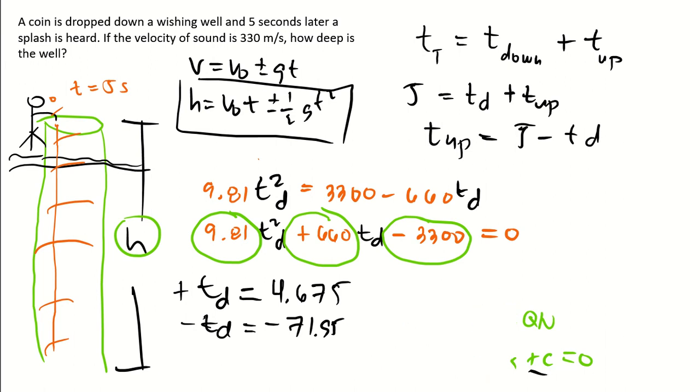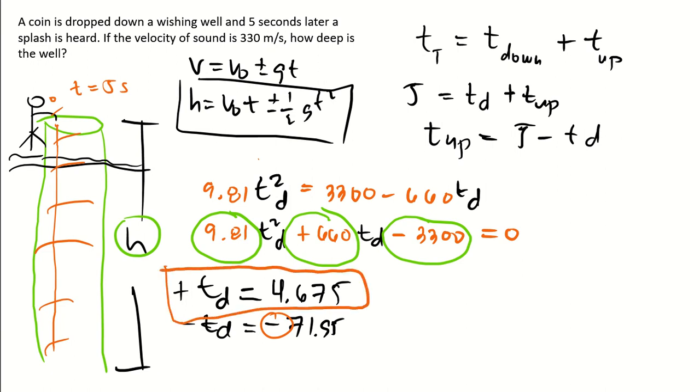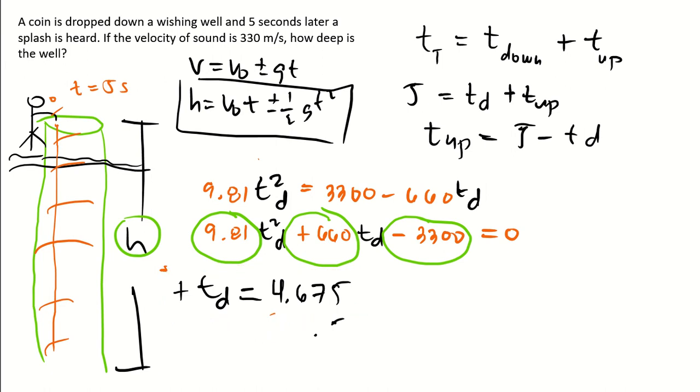Ngayon pinag-uusapan natin ang time. Tapos negative yan. Imposible naman makabalik ka sa panahon. So, ibig sabihin, ang gagamitin mo lang ay ang positive value ng time. Okay? So, ang sagot ay 4.675.